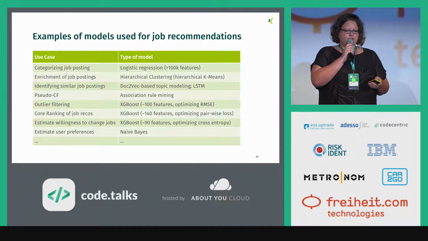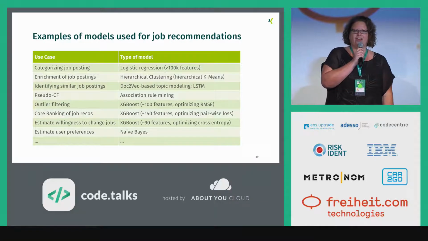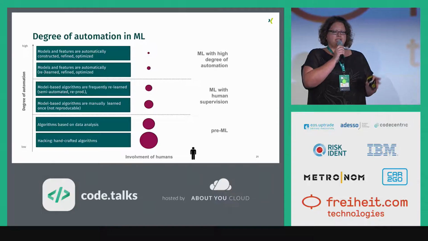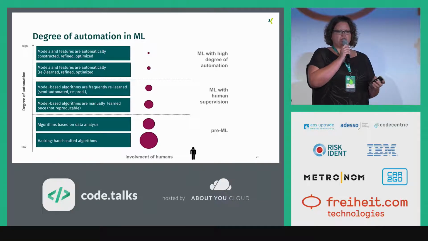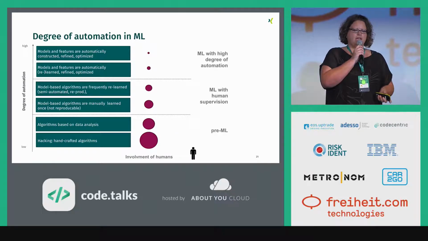And this is what we do not like to do so much, spending our time retraining and not creating new models. So this is how we see the different steps, degrees of automation in ML, and we have almost all of them currently in our team.